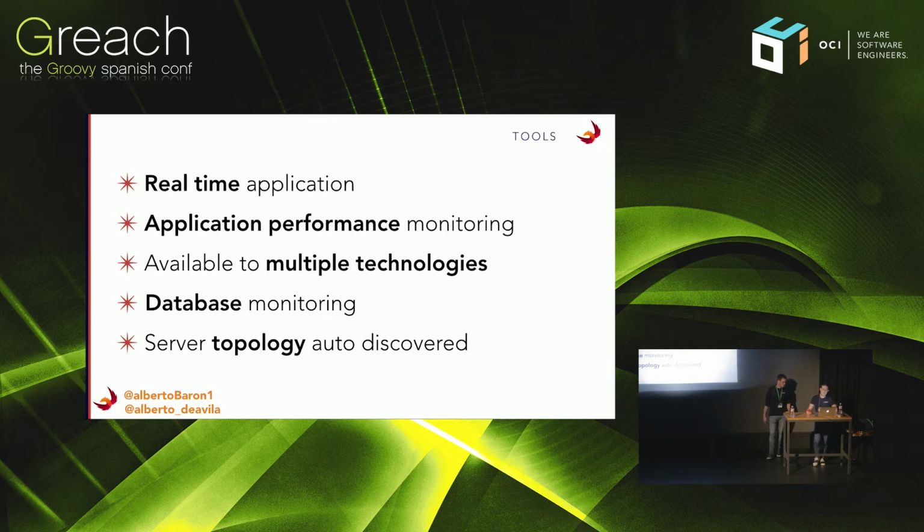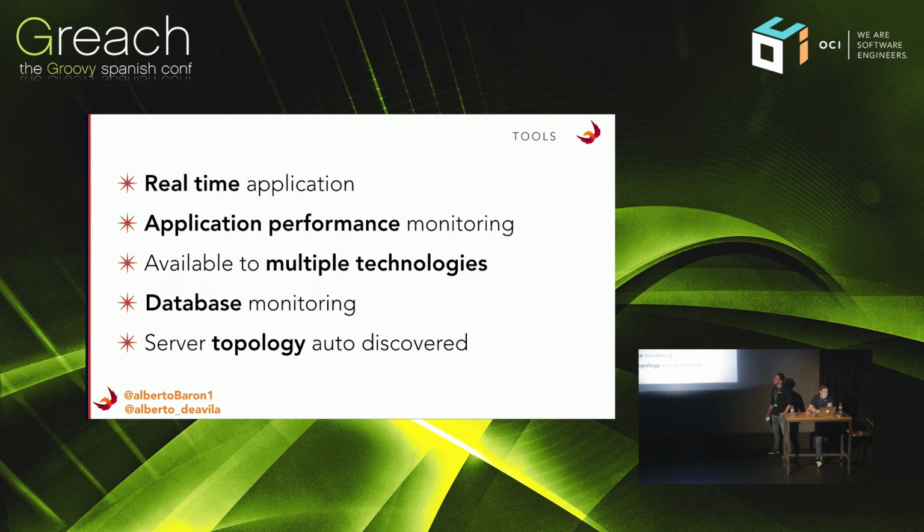And it has two features that I think are very good. Database monitoring, which, as I'm going to show you, shows us the worst queries in performance terms, and the most repeated queries.